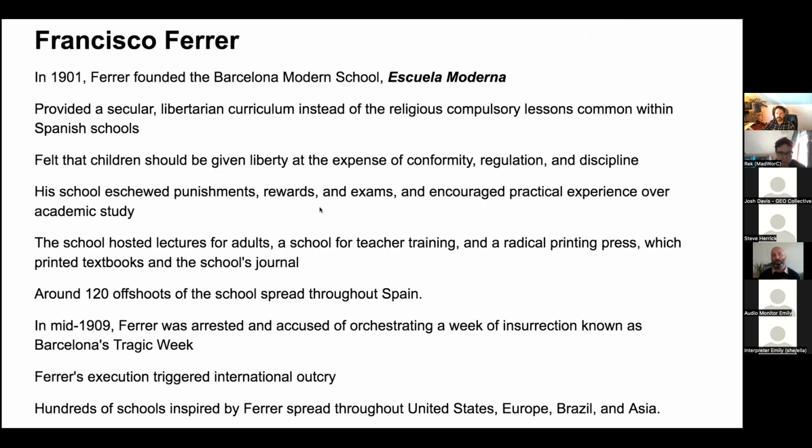His school eschewed punishments, rewards, and exams, and encouraged practical experience over academic study. The school hosted lectures for adults, a school for teacher training, and a radical printing press which printed textbooks and the school's journal. Now, he had started around 120 offshoots of the school, and so it spread throughout Spain.